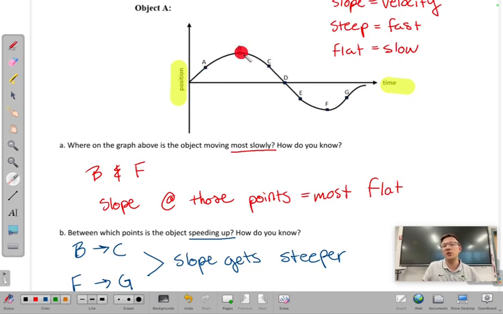Obviously, we already chose B to C as a point where it's speeding up. So we can see here that the slope at point A is pretty steep, but then when it goes to point B, that is flattening out up here.